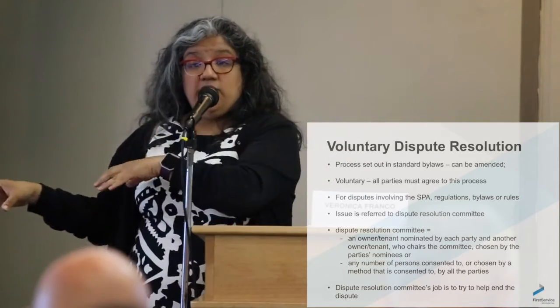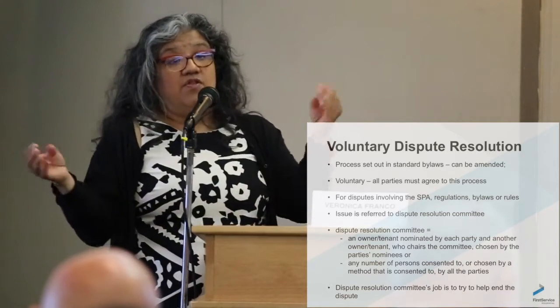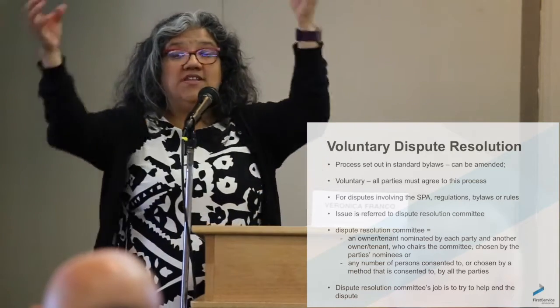And then the strata council would appoint somebody else as another nominee on the dispute resolution committee. Those two people would find another person to be on that committee, and that other person chairs the committee. And then their mandate is to try to help end the dispute.